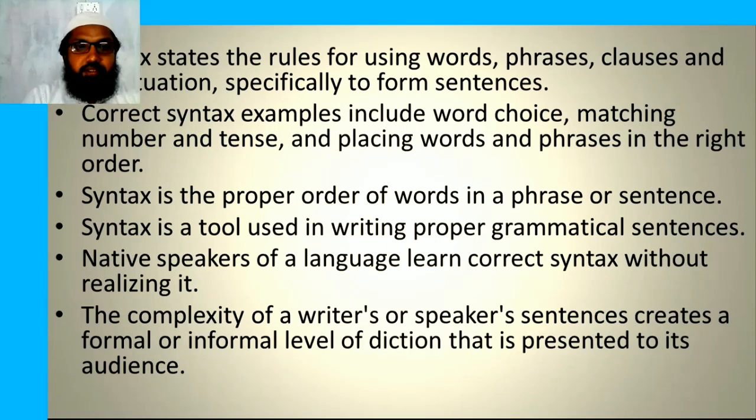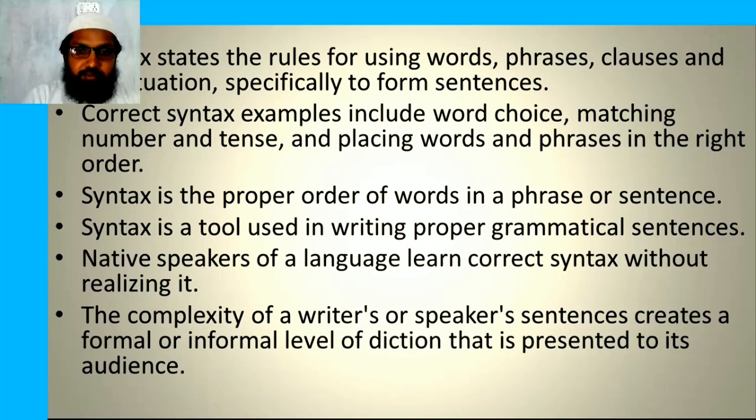Syntax states the rules for using words, phrases, clauses, and punctuation, especially to form sentences. So syntax tells that we should follow complete rules and regulations while writing a sentence. Correct syntax examples include word choice, matching number, and tense. Remember these three things.